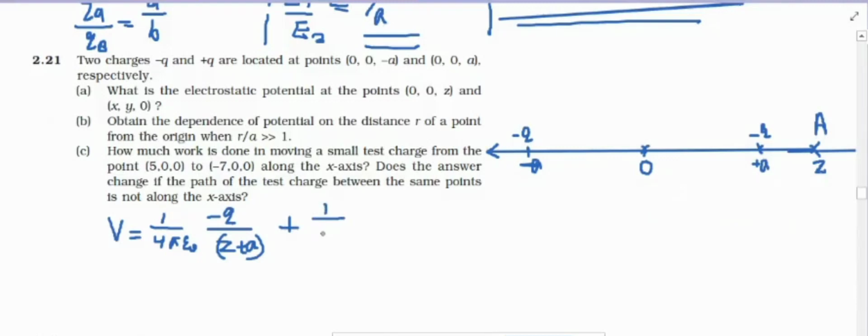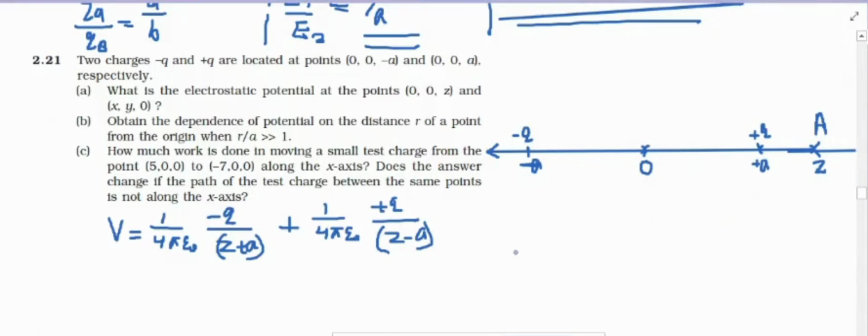In the same way we calculate the potential due to the positive charge, 1 by 4 pi epsilon naught plus Q divided by Z minus A. The distance between plus Q and the point is Z minus A.